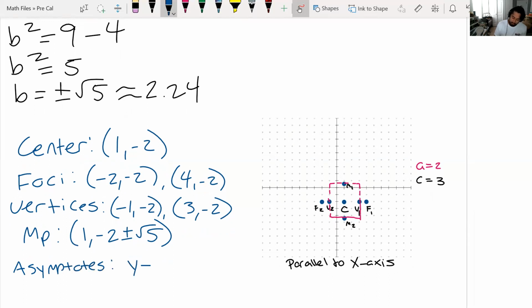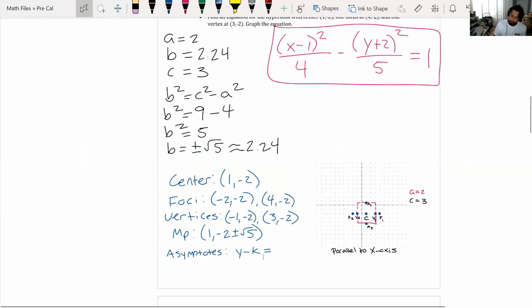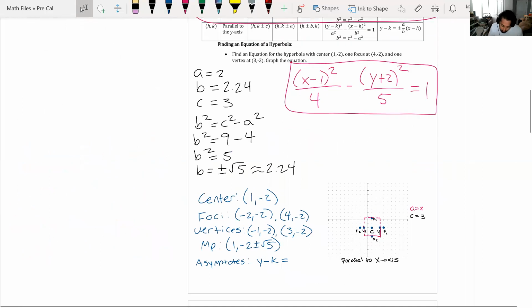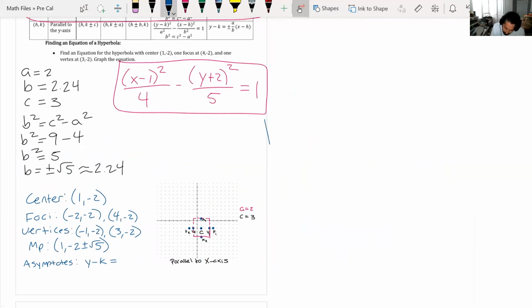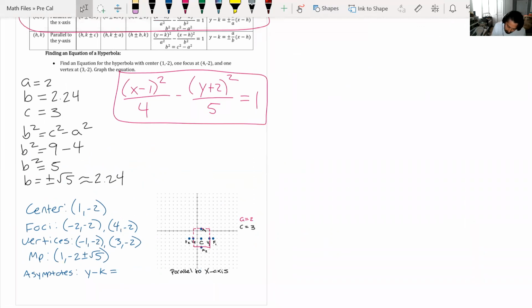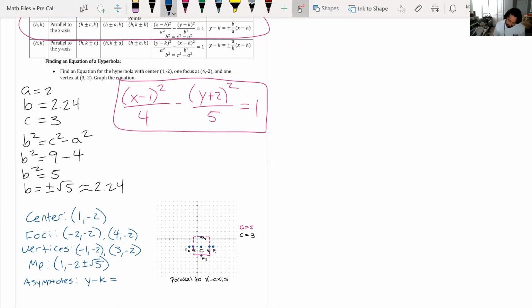Which is given by y minus k equal to plus or minus b over a times x minus h.